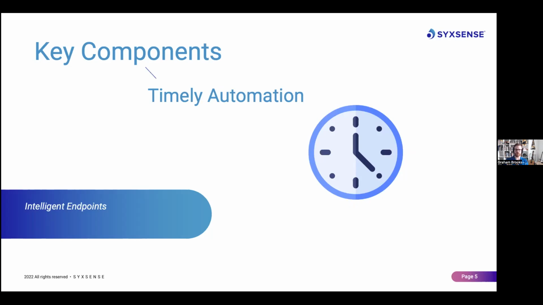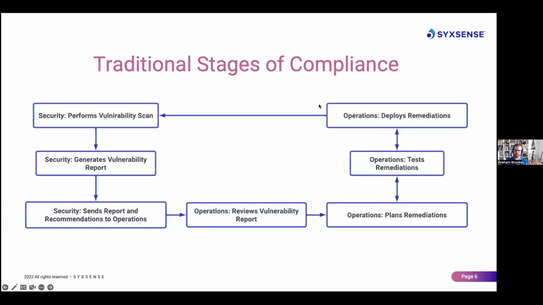Last, before I jump into the product, I want to show you what the actual framework looks like, from the old school monthly compliance policy style to the continuous compliance style of management. The monthly old school compliance standard has two teams, a security team and an operations team.